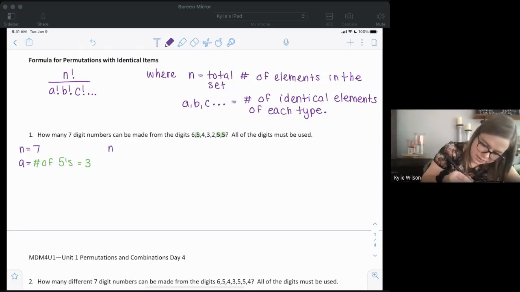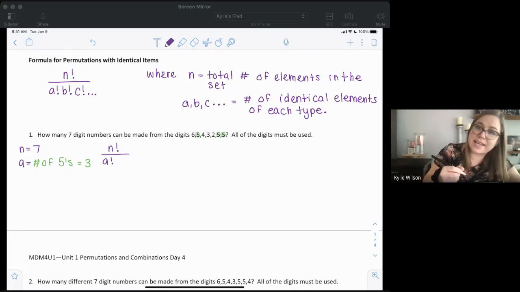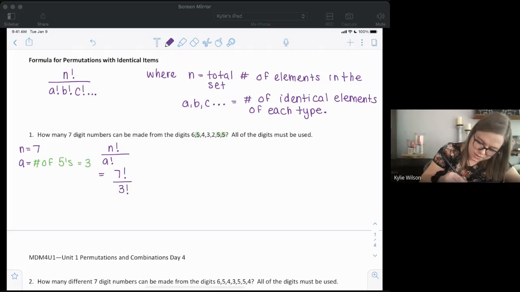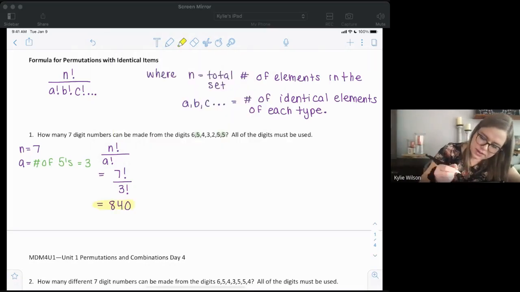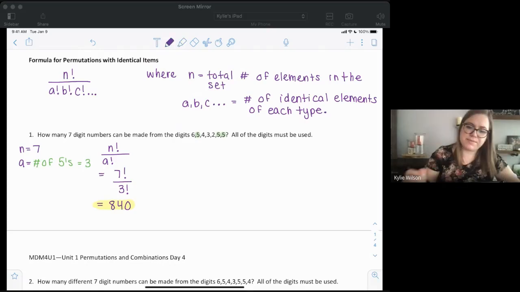We have n factorial all over a factorial. In this case, it's only a because that's the only identical element we have. So we have 7 factorial all over 3 factorial. And if you put that into your calculator, you will get 840. There we go. Just like that.